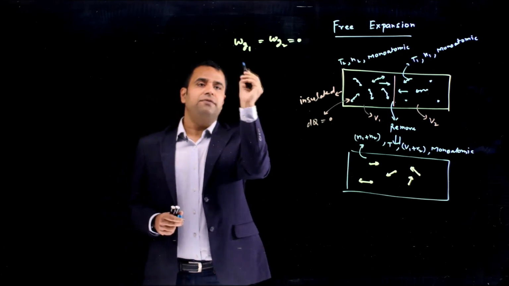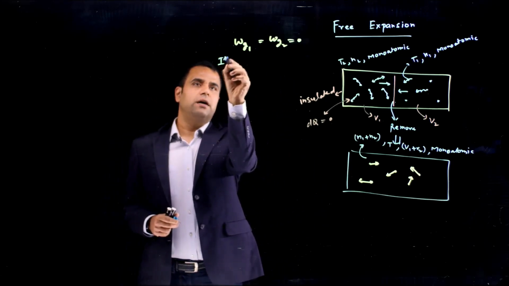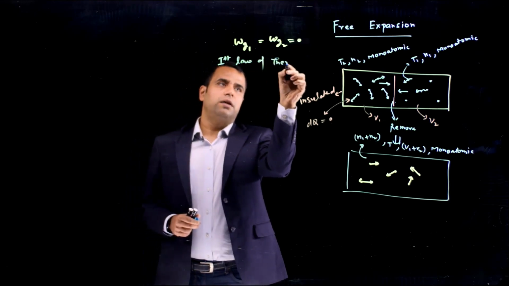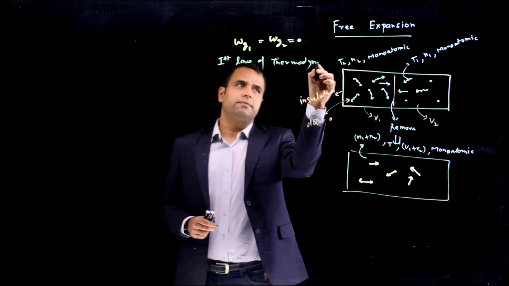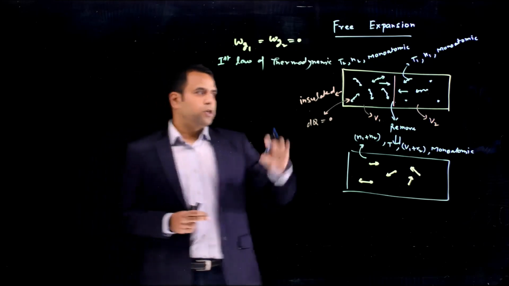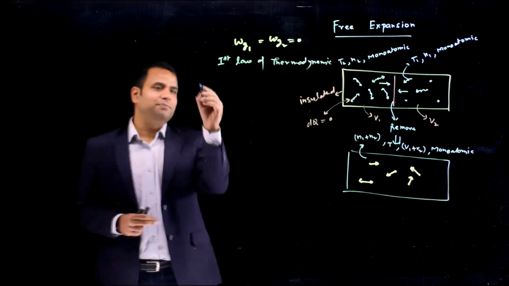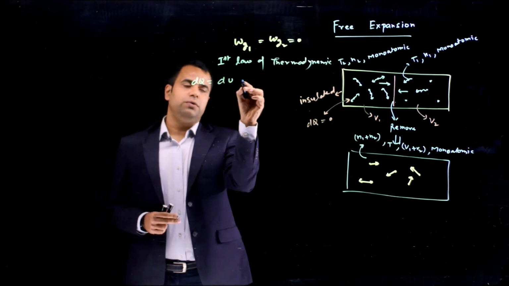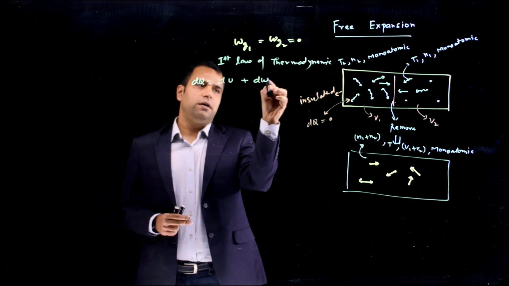So if I apply the first law of thermodynamics for the combined chamber, dQ is dU plus dW by gas.